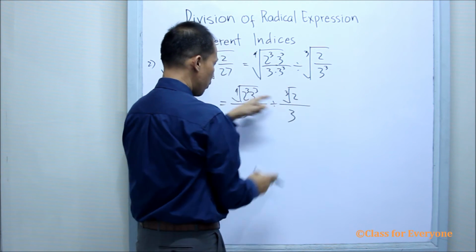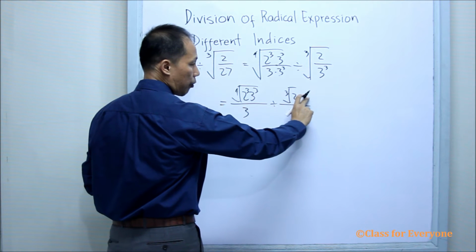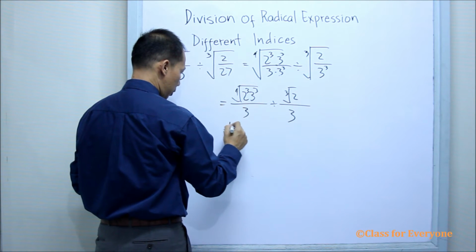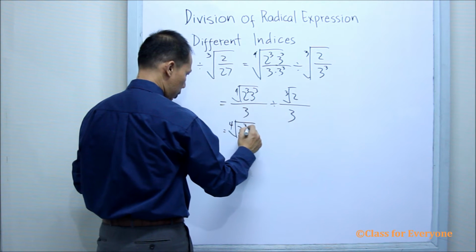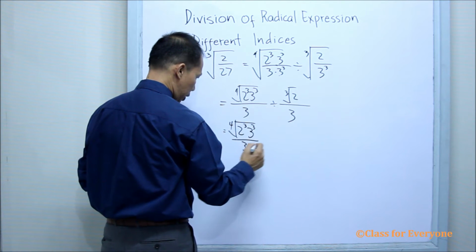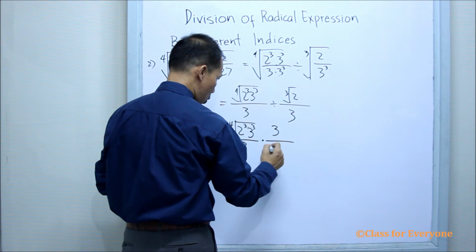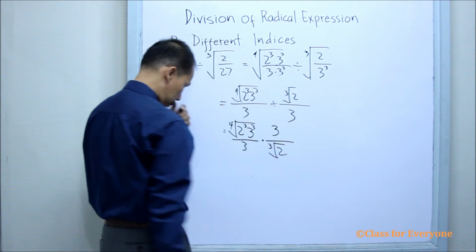When we are dividing these fractions, we're getting the reciprocal of the second fraction and then multiply it to the first fraction. So we'll have the fourth root of 2 cubed, 3 cubed over 3 multiplied by the reciprocal, 3 over the cube root of 2.